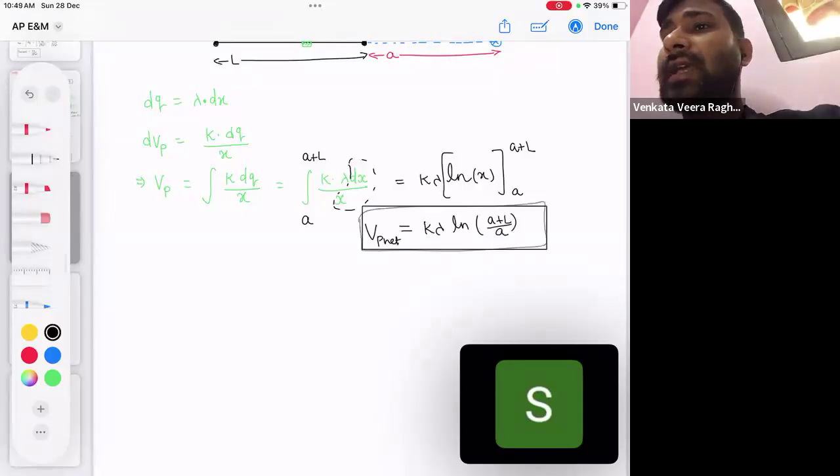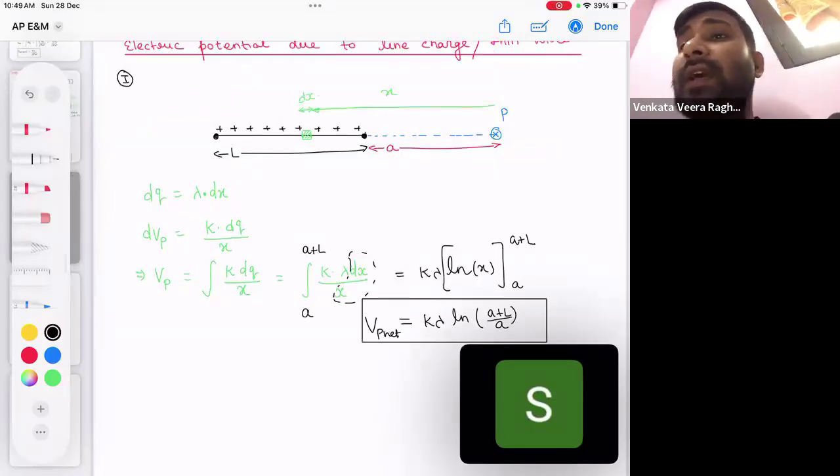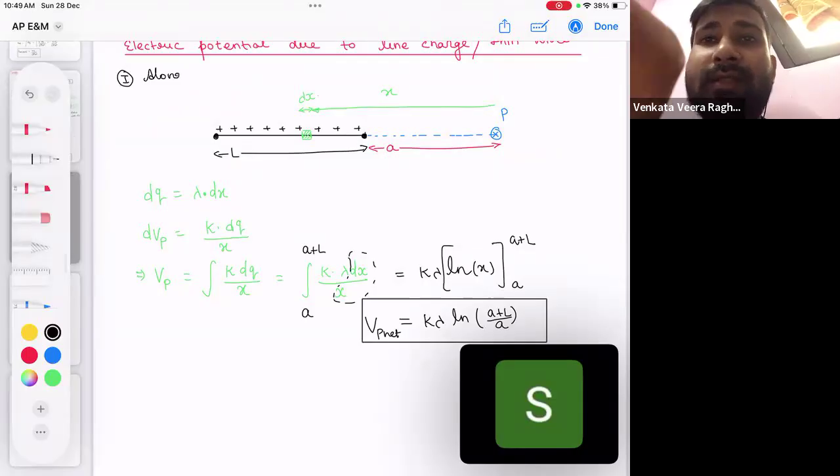So please tell me, do you understand what the potential at point P is? The net potential at point P, if the point P is lying along the wire. Tell me, where did we calculate the potential?